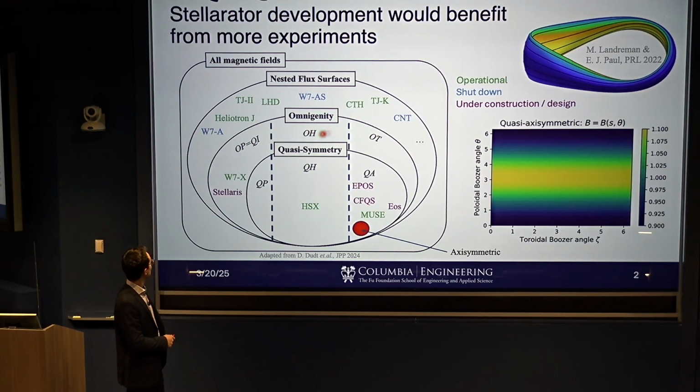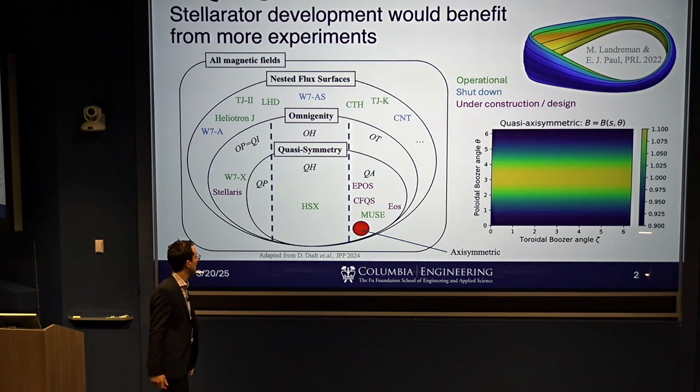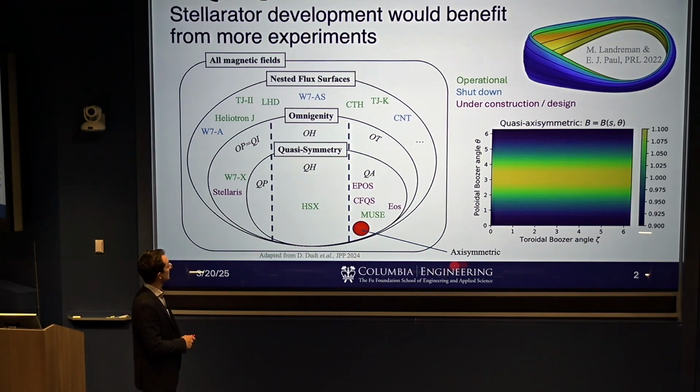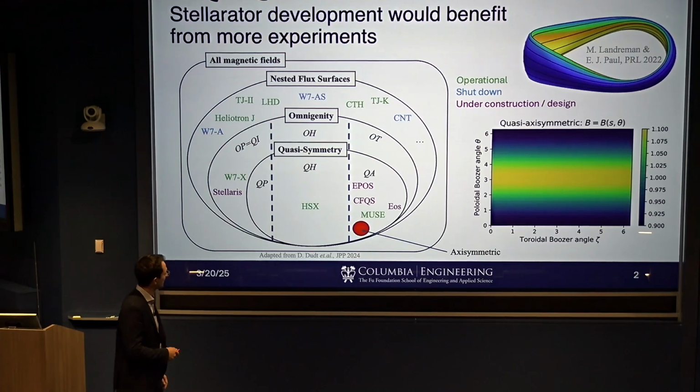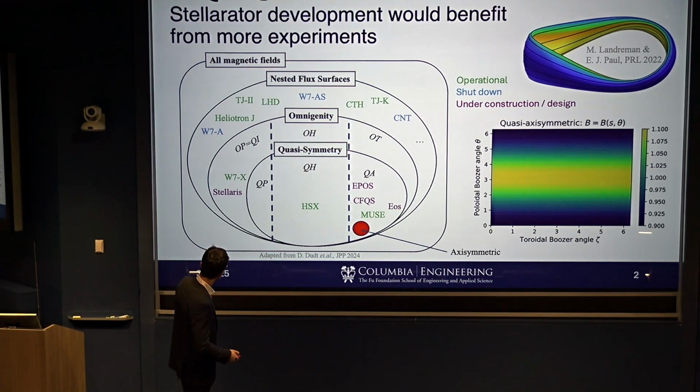And you can recognize a few of them, like W7-A or W7-AS, that are the predecessors of W7-X, or CNT, that is the Columbia Non-neutral Torus, which is the stellarator we have currently at Columbia. Then when you look at the optimized stellarators, we have only W7-X, that is QI. And I wrote here Stellaris, which is the proposed design by the Proxima Fusion company.